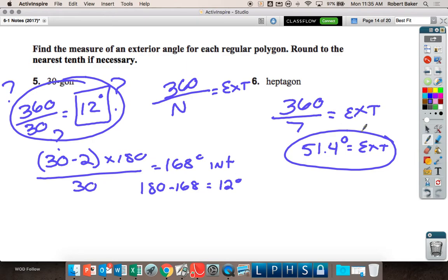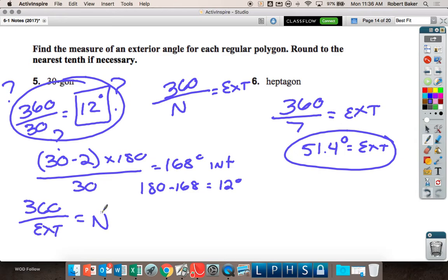So this formula also works the other way. Manipulating formulas: if you do 360 divided by the exterior angle, what should it spit out? The number of sides. That's just taking this formula and flipping the denominator and the answer.